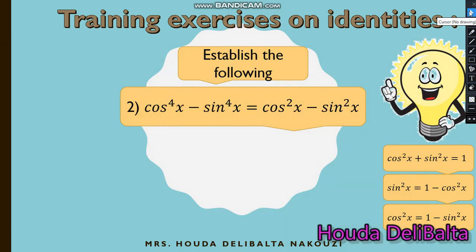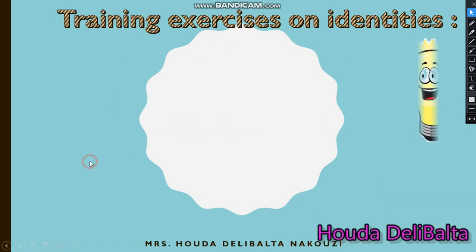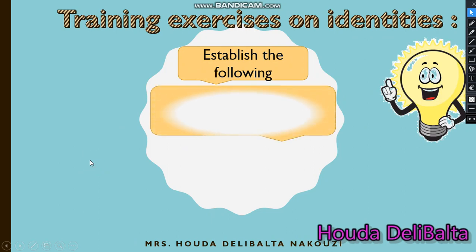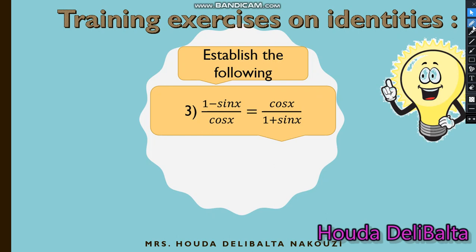Okay, let's see what we have in the next slide. Again, establish the following. I have to prove that 1 minus sine x over cosine x is equal to cosine x over 1 plus sine x. So all what I'm going to do here is to cross multiply.